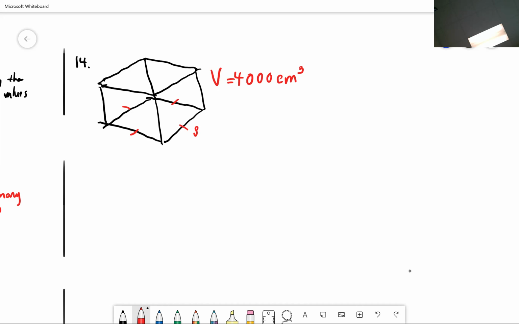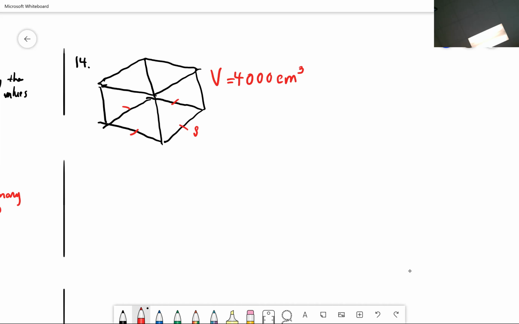We don't know the height of the box, and we don't know the side either. So you can imagine that we have a fixed square base, and then we're going to control the height such that we have 4,000 centimeters cubed, but we want to use the least material possible. Interesting.